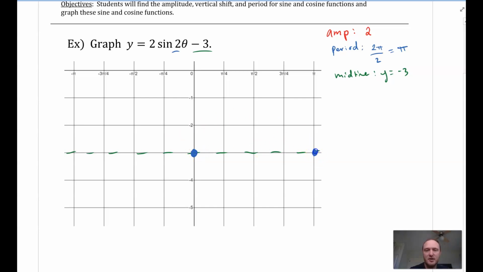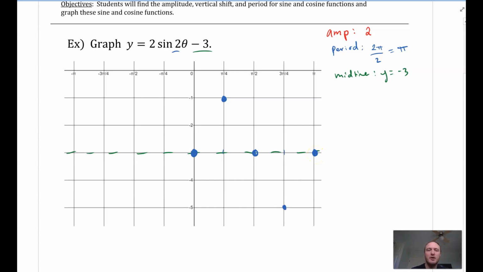Here it is. I need to split this into fourths. So it looks like each unit I'll have a critical point. I'm going to go up 2. Amplitude is 2. So I'm going to go up to my maximum, back to the midpoint, down to the minimum, back to the midpoint.